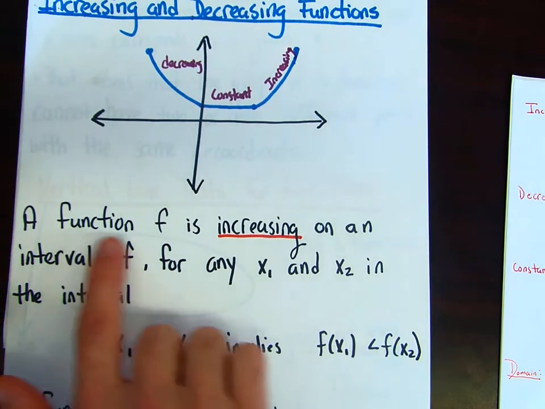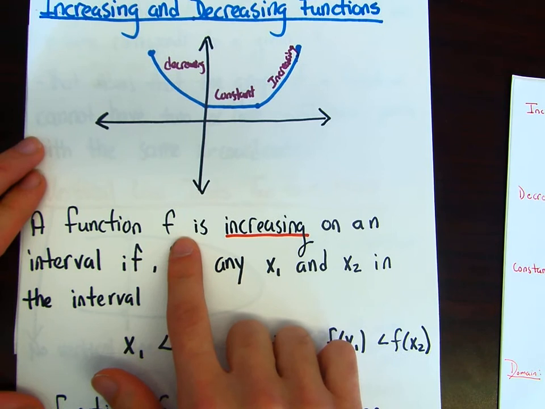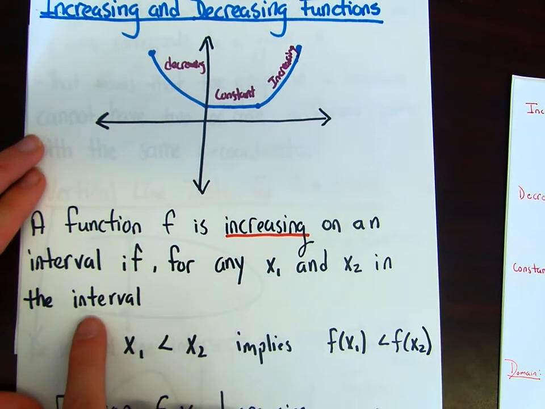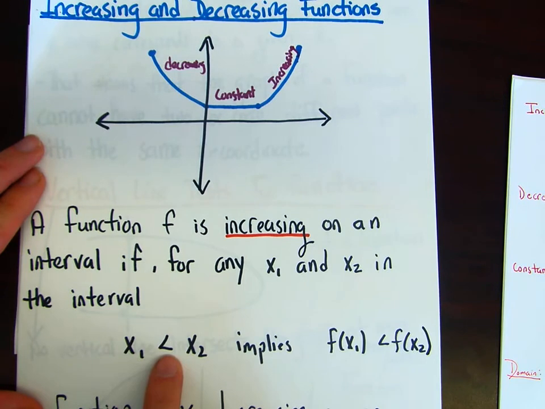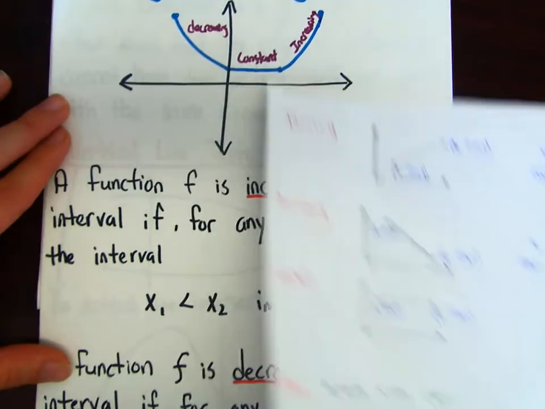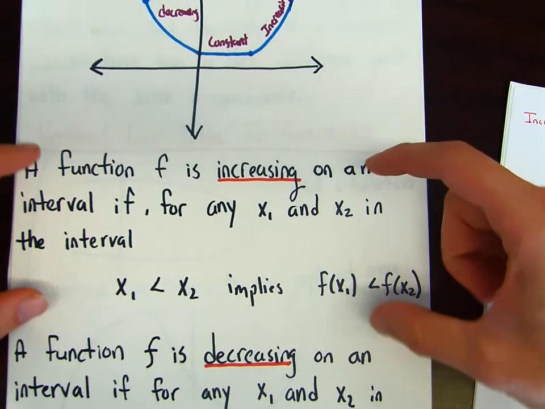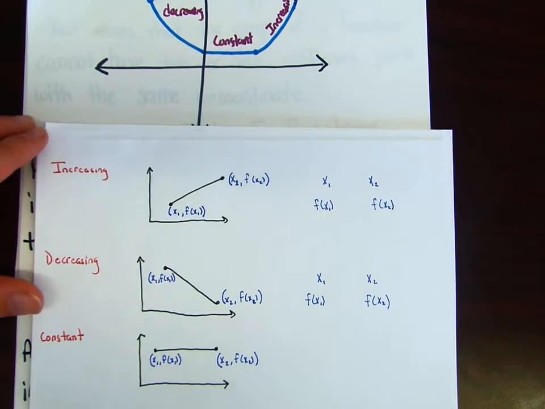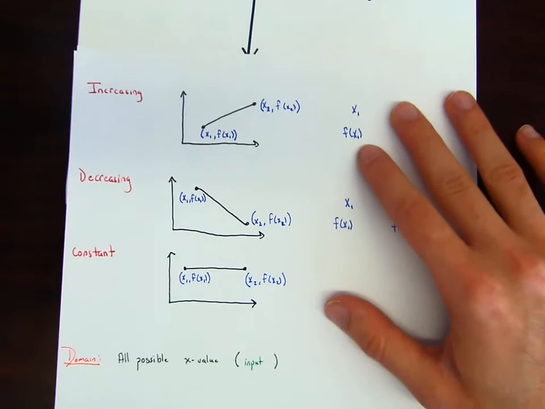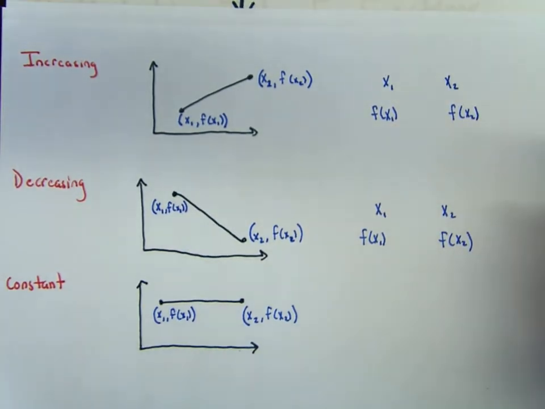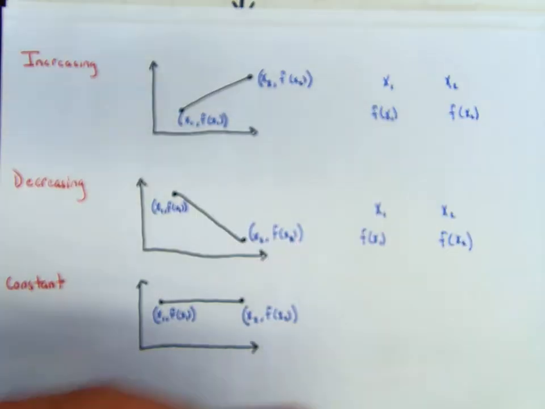So here it's saying a function f is increasing on an interval if for any x sub 1 and x sub 2 in the interval, x sub 1 less than x sub 2 implies f of x sub 1 is less than f of x sub 2. So what on earth are we talking about here? The definition is one thing, but a picture always makes your life much easier. So for a function that is increasing, we always look left to right.